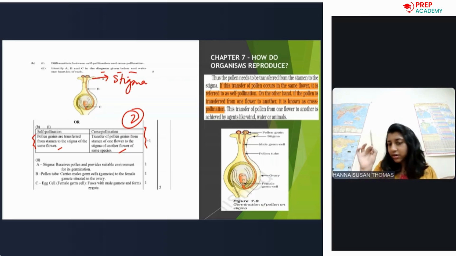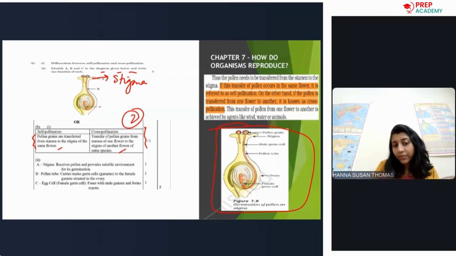This diagram is directly taken from your reader, figure 7.8, germination of pollen on stigma. So A is stigma, and what is the function of A here? It receives pollen and provides a suitable environment for germination. That's all about A. What about B?